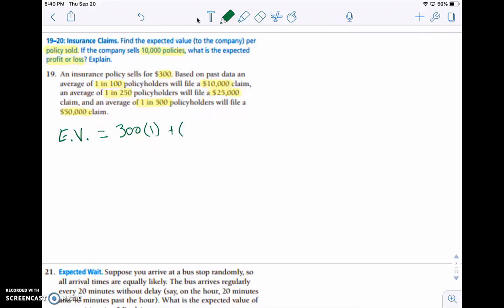The next one is they'll have a loss of $10,000, and that happens every 1 out of 100. And then plus the next one is a $25,000 loss for every 1 in 250.